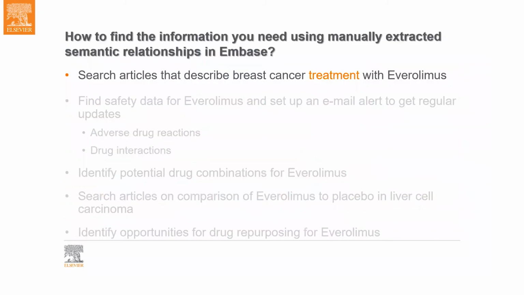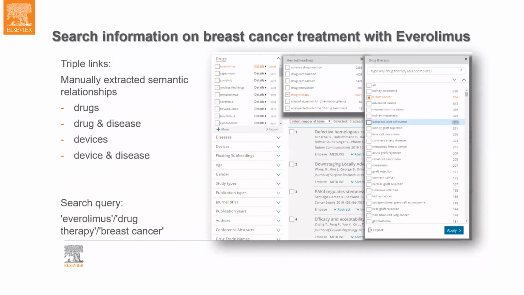For example, you can use this manually extracted relation to find articles that describe breast cancer treatment with, for example, everolimus. And it looks like this in this picture.